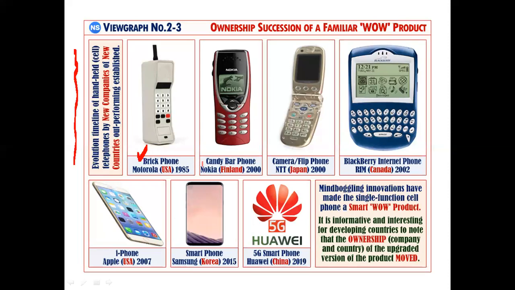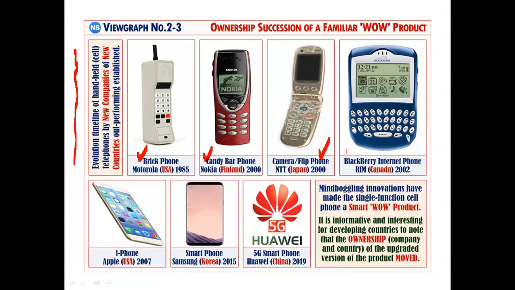But then Nokia came out with what we call a candy bar phone. Nokia from Finland around 2000 with candy bar phone. Then the Japanese camera people produced the camera flip phone. NTT, the Japanese company, about the same time in 2000.